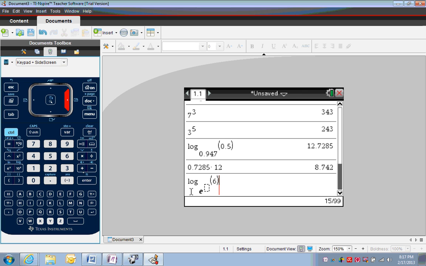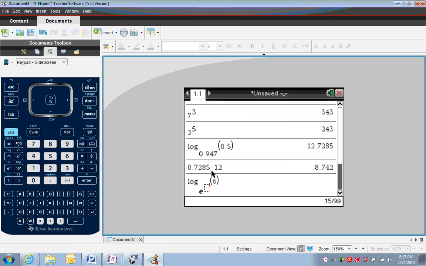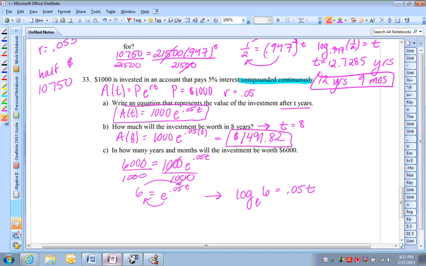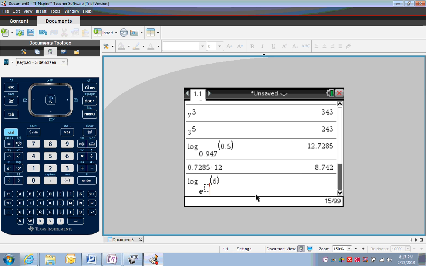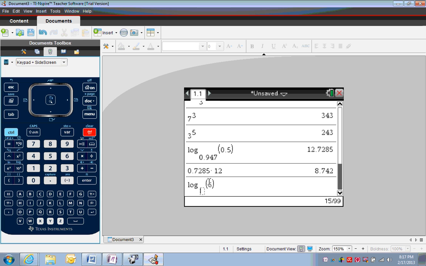So it's just that letter e, there's a calculator button that distinguishes that e. So log base e of 6, hit enter. Oh, I didn't like that. Let's rewrite log base e, we know is ln. Log base e is the natural log. So let's rewrite log base e as ln. So ln of 6 equals 0.05 times t. And let's see if the calculator likes that a little bit better than this.